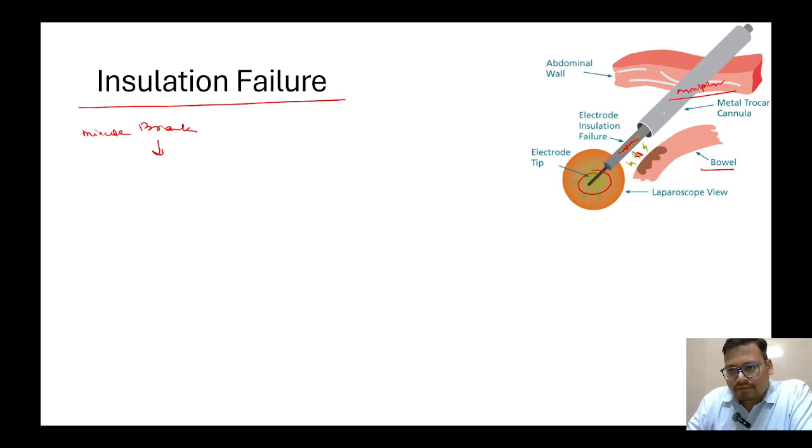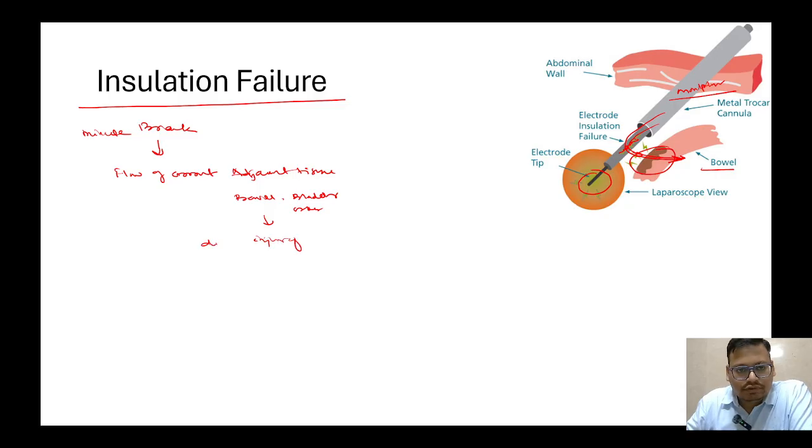The current will flow by the path of least resistance. So current will flow to the bowel and it will get a perforation or burning, ultimately perforation. So a minute break leads to flow of current to the adjacent tissue like bowel, bladder, and other organs, leading to distant injury.